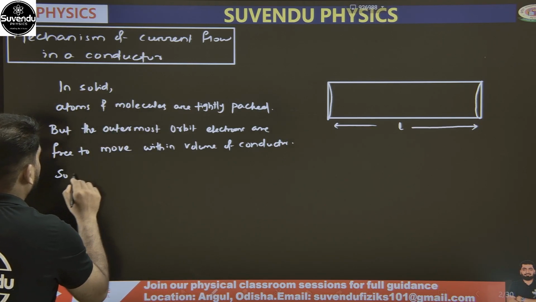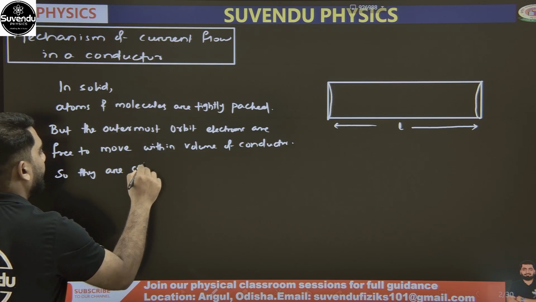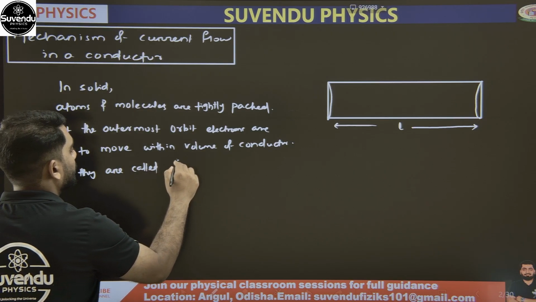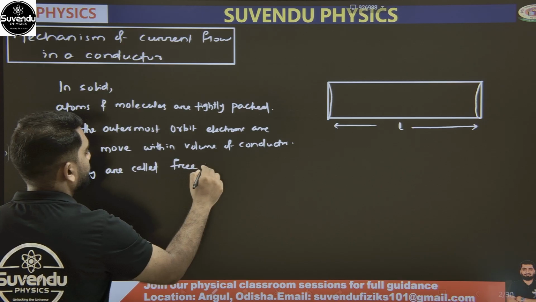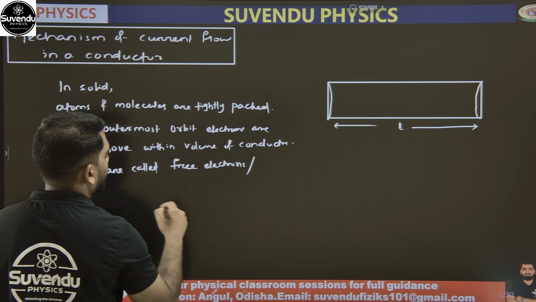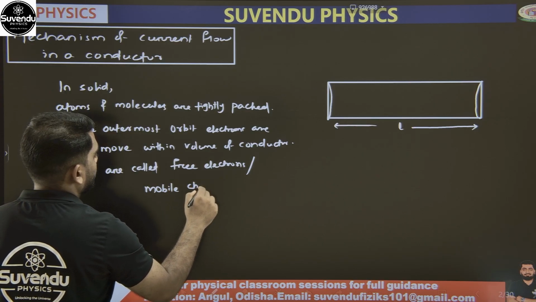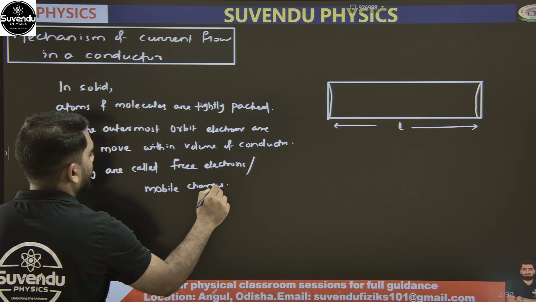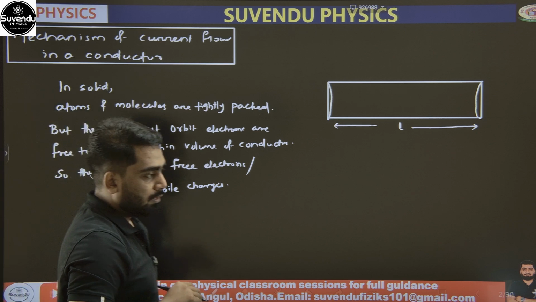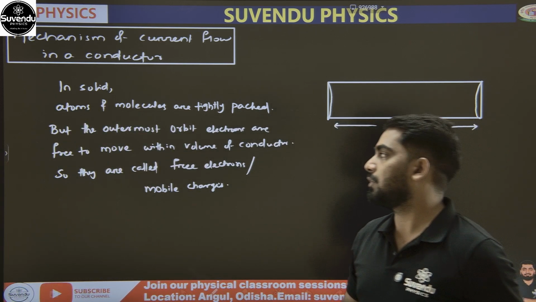So they are called free electrons or mobile charges. Is that clear to all of you? Yes. Now we will consider the case when the conductor is not connected with a battery or cell.